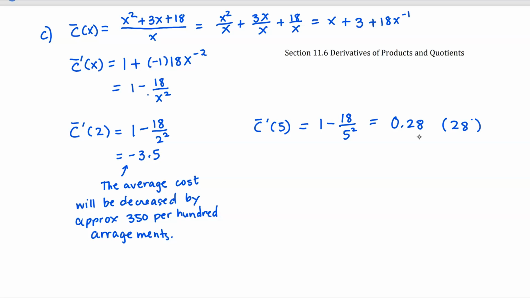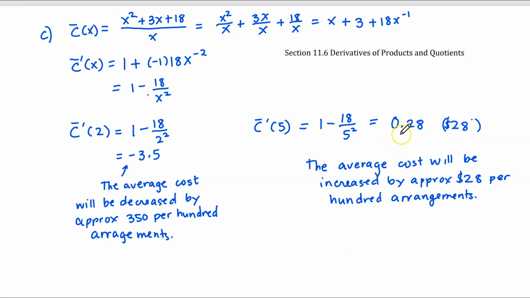So this means that at this higher production level, at 500, the average cost will be increased, because this is positive. It will be increased by approximately $28 per 100 arrangements.